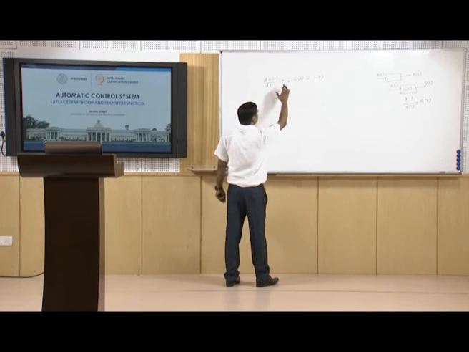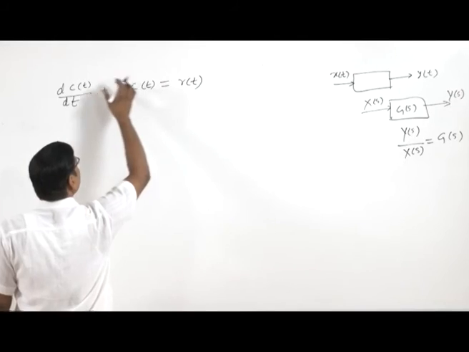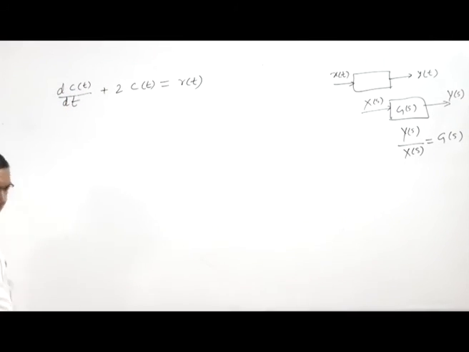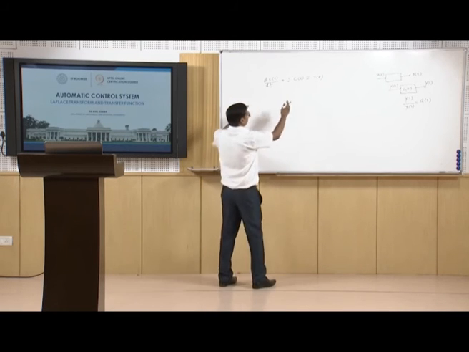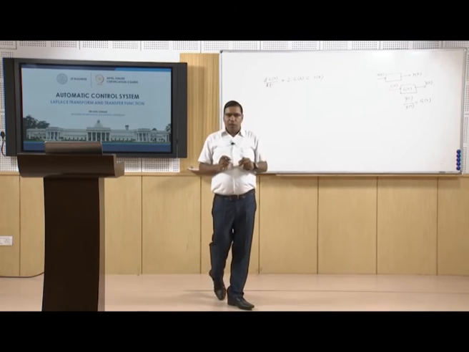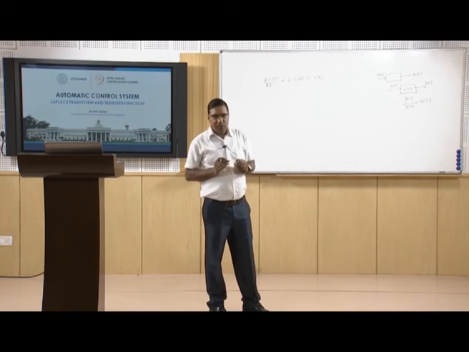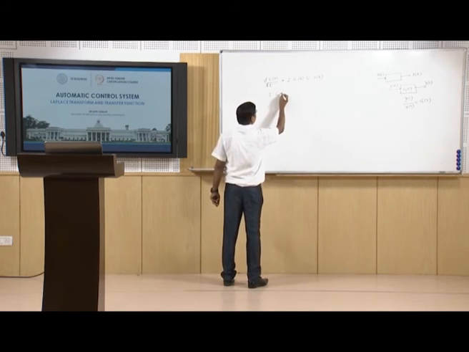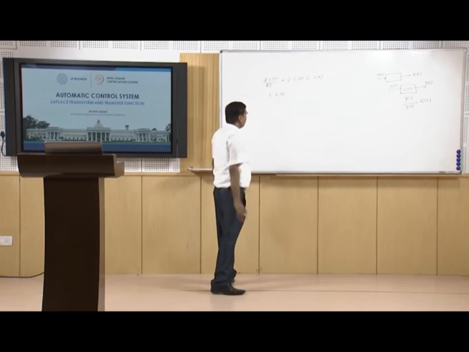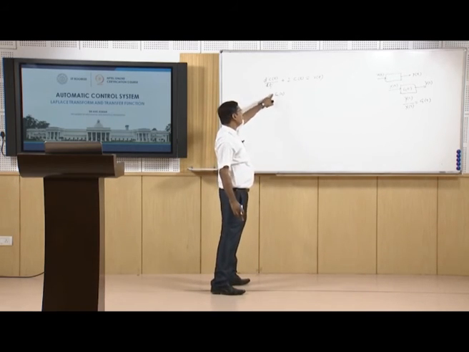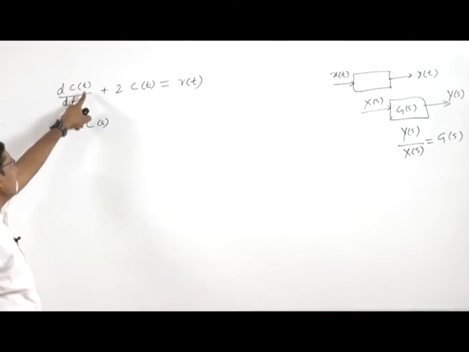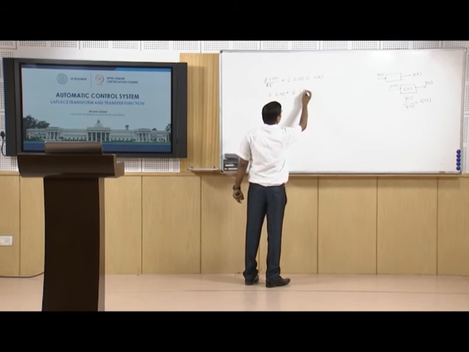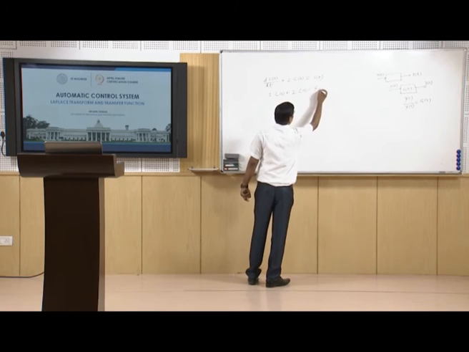So from this equation, it is clear that this is the input and this is the output. So we take the Laplace transform of both sides, assuming all initial conditions are 0. So here it is s C(s), because this is the first order differential equation, s power n, so s power 1, that is s, and c(t) gives C(s), plus 2C(s) equal to R(s).